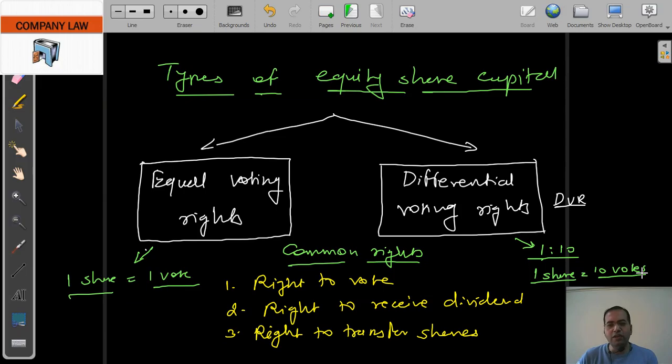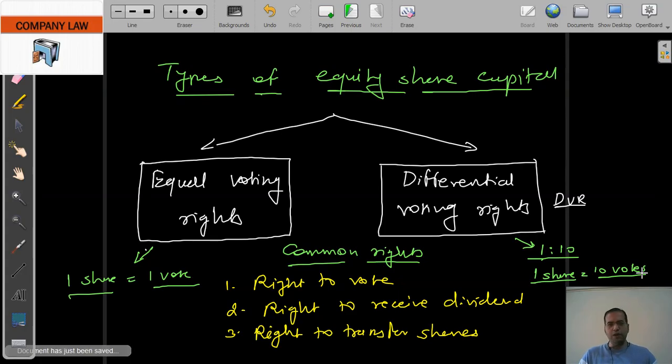So DVRs basically safeguard the interest of the promoters in taking decisions. It can be differential voting rights, or it can be fractional voting rights, in the sense that if I hold 10 shares, I may get only one vote. In that way also the voting rights can be defined under these provisions.